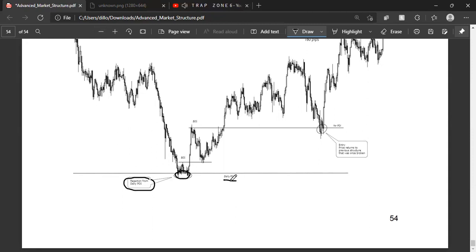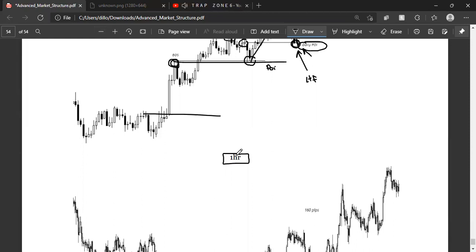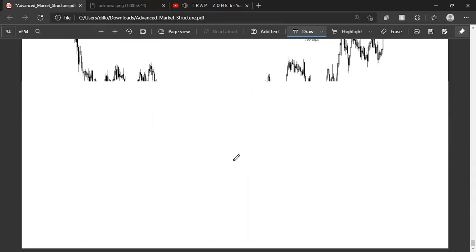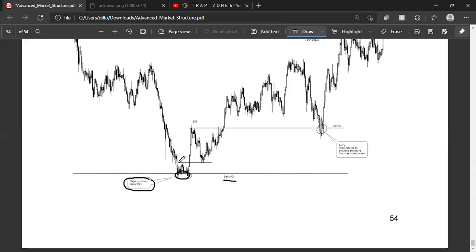From that daily point of interest, a rejection on the 1 hour. And look what happens. This clean break of structure here, right? This minor break of structure, right? It got to that level and just immediately rejected out of that level.